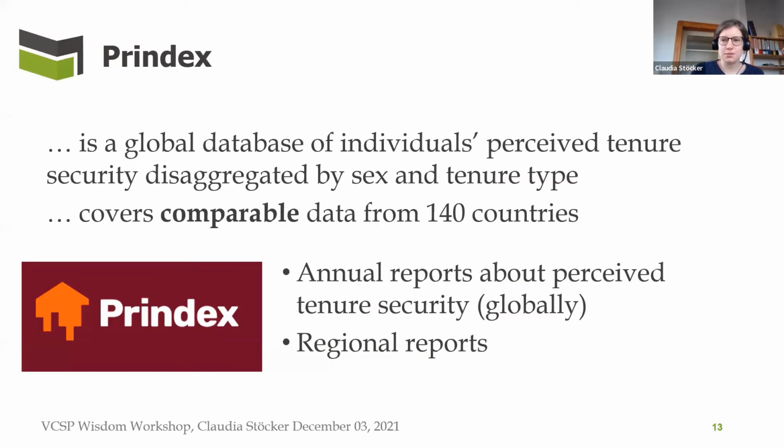And the really nice thing is that they did a great job in collecting data that is comparable from 140 countries out of 200 countries of the world. So it's a massive data collection, and it's really great to work with that and to look into this. And they publish annual reports with a global scale, but also regional reports.